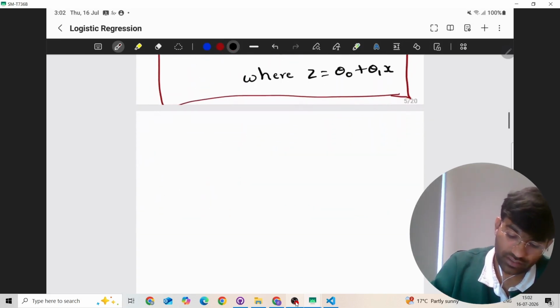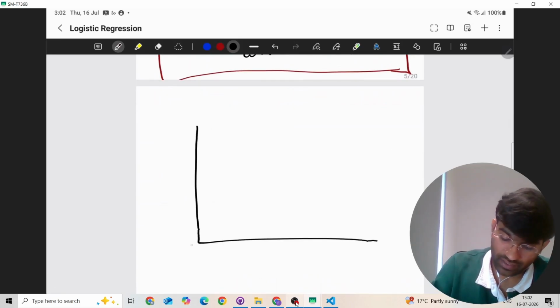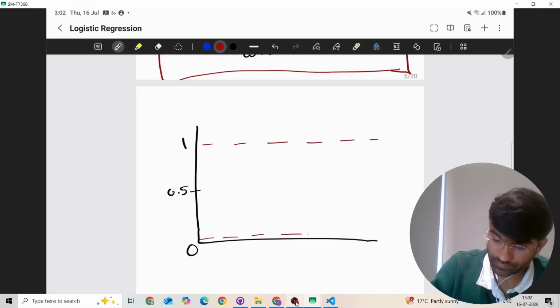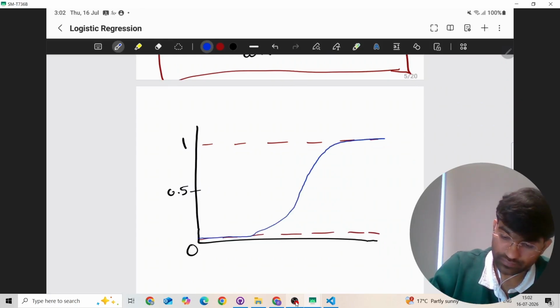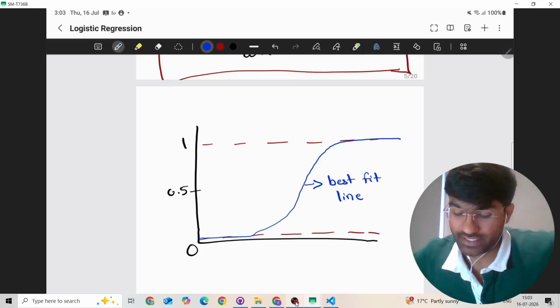So graphically, our best fit line will look like this: it is 0, it is 1, this is 0.5, and this will be the sigmoid curve. This is our best fit line for logistic regression.